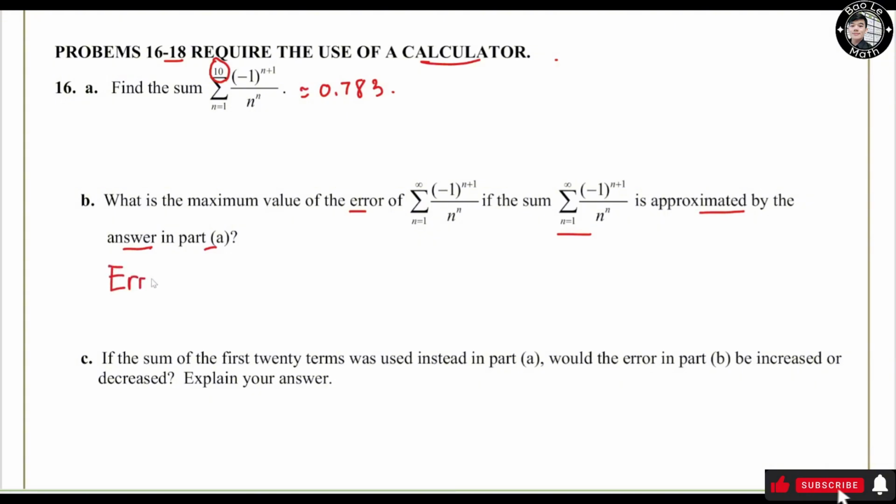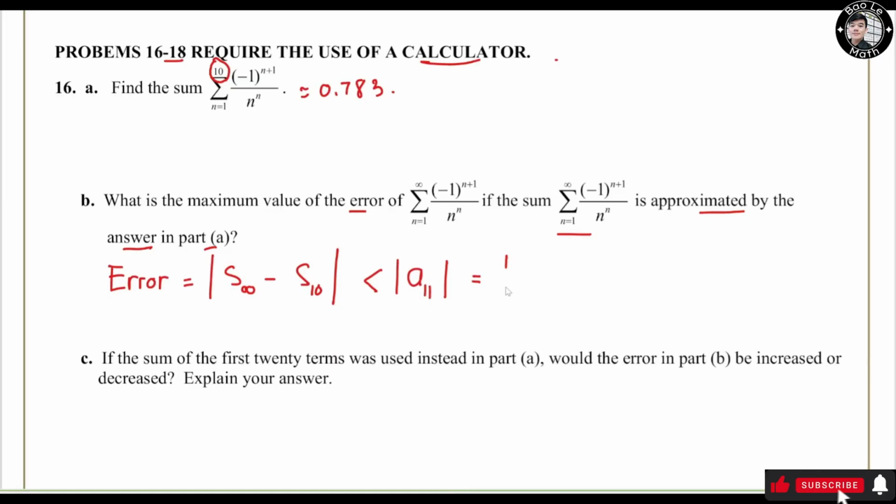So it's going to be the absolute value of s sub infinity minus s sub 10. This must be less than or equal to the absolute value of the first omitted term, which is a sub 11. Substitute 11 for n over here.